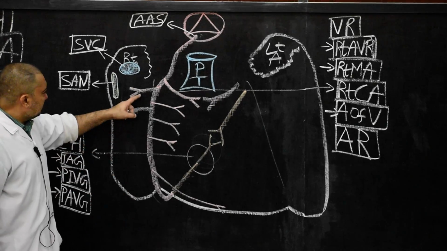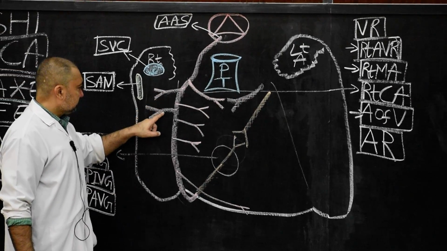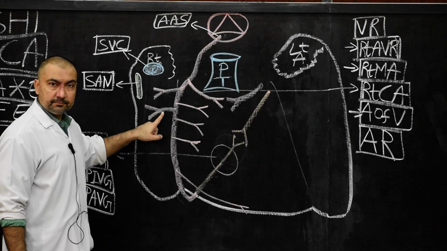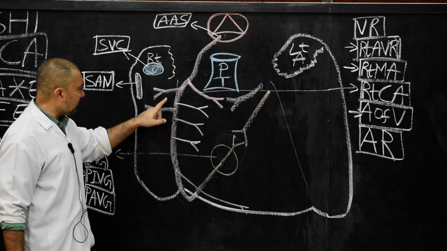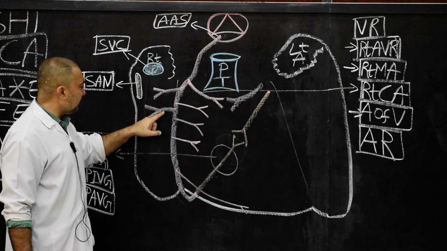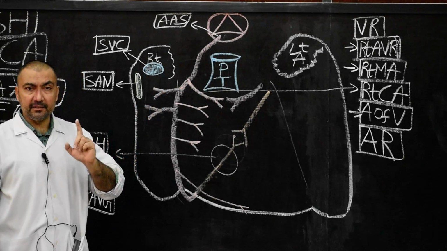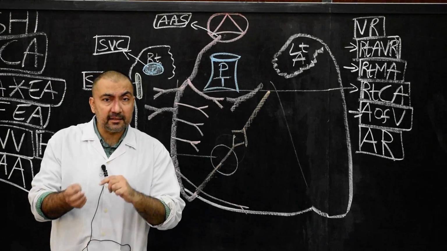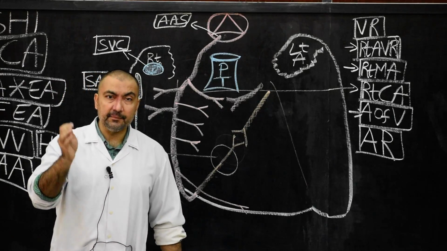They will supply the myocardium of the right atrium, and they are arising just like ventricular rami at right angles. So these are called right anterior or right lateral atrial rami.